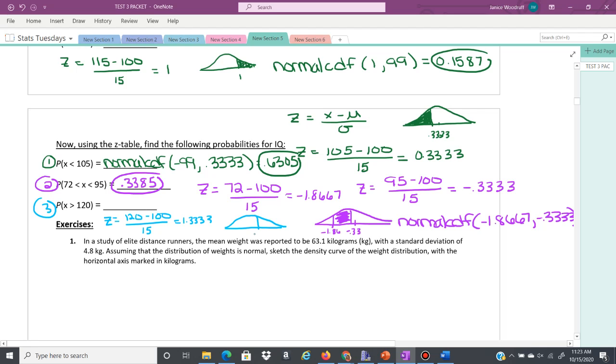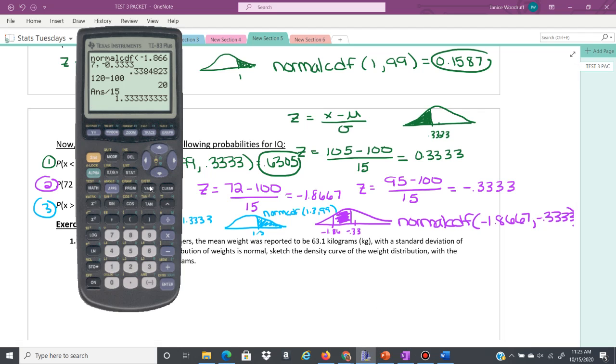Here's a 1.3, and we want it greater than that, so to the right, which means our upper limit is positive 99. So this would be a normal CDF. Let me see if I can write it right here. Okay, 1.3 repeating, positive 99. And that's going to give you 0.0912.